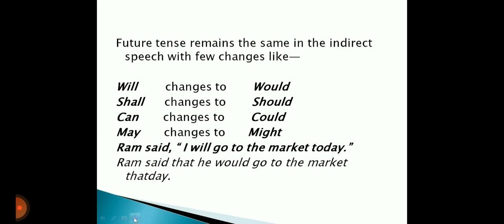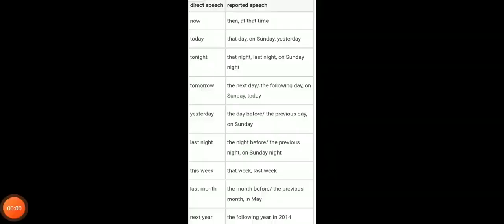Ram said, I will go to the market today. The answer will be, Ram said that he would go to the market that day. In this sentence, we have changed will into would and today into that day.